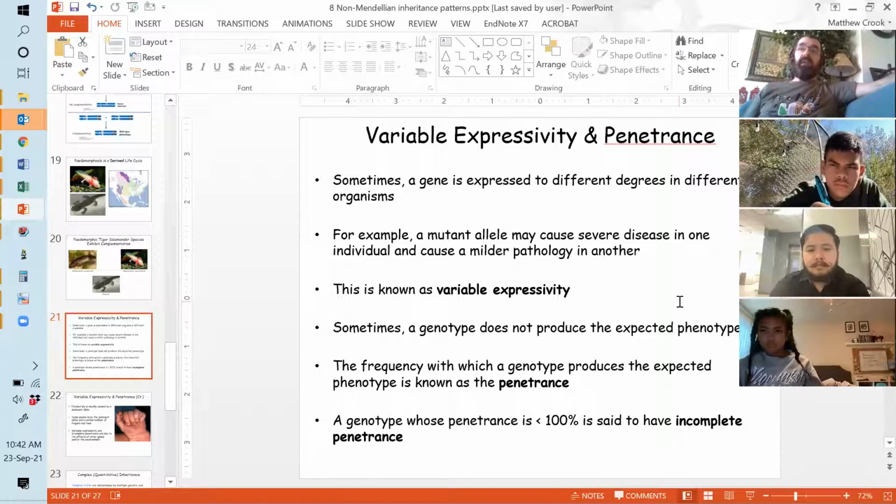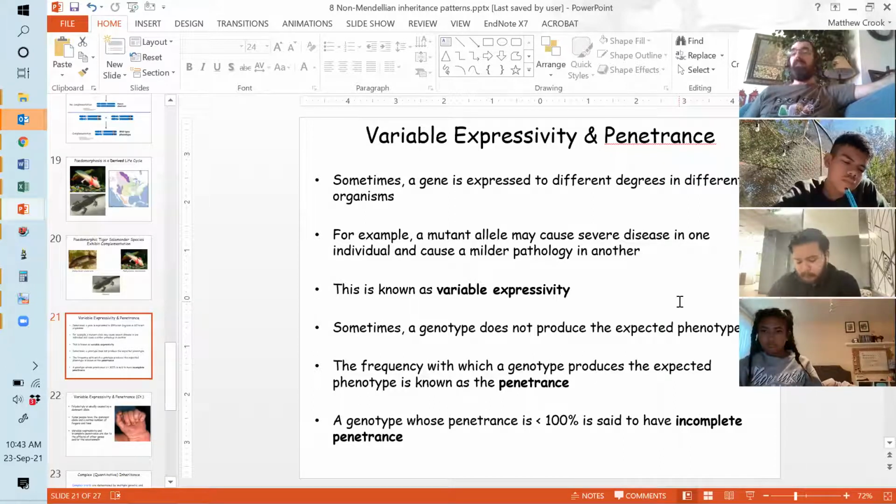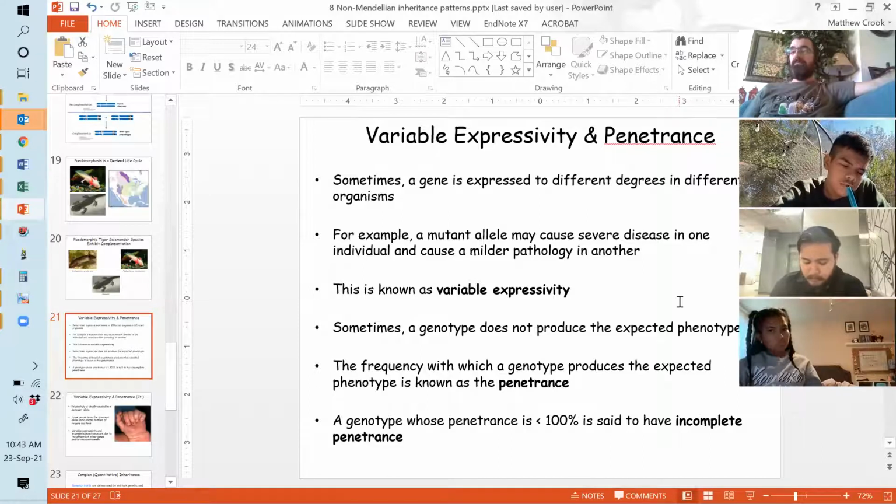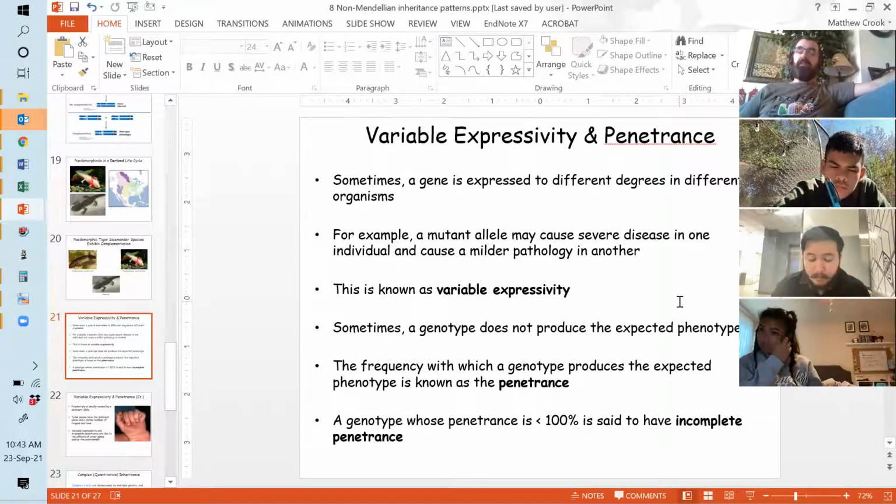So the penetrance of that is said to be incomplete, right? If you have that genotype, it does not mean you're guaranteed to have that disease. Probability is very high, but it's not 100%. So that would be an example of incomplete penetrance.